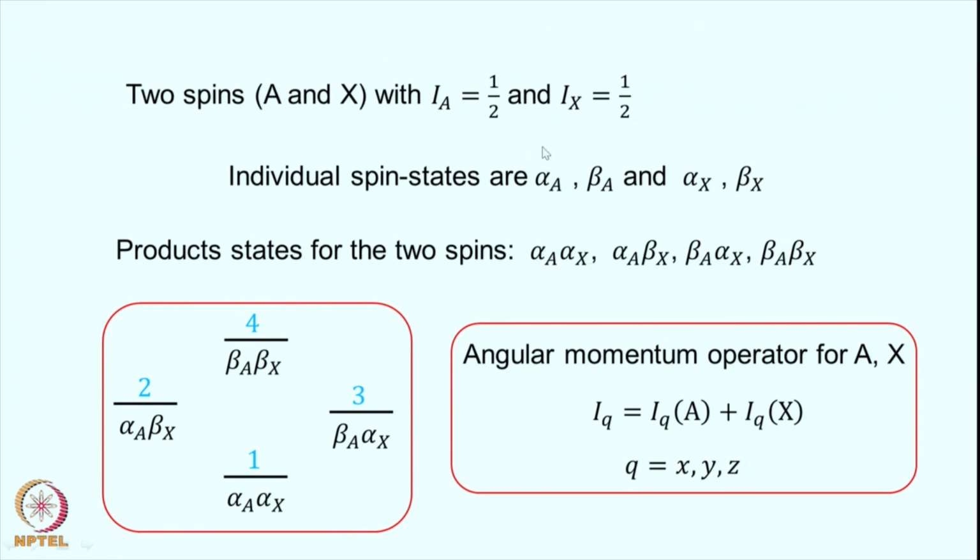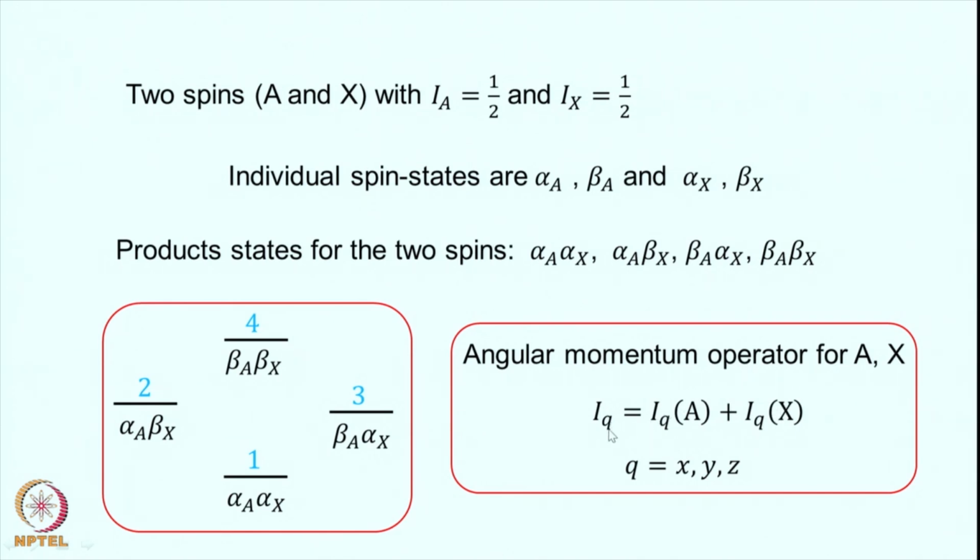So 2 states for this and 2 states for this, therefore I will have here 4 states. I represent these 4 states in the energy level diagram like this. I label alpha A alpha X as state number 1, alpha A beta X as state number 2, beta A alpha X as state number 3, beta A beta X as state number 4. Now the consolidated angular momentum operator for the 2 spin system, the Iz or the Ix or the Iy, will be the sum of the individual operators.